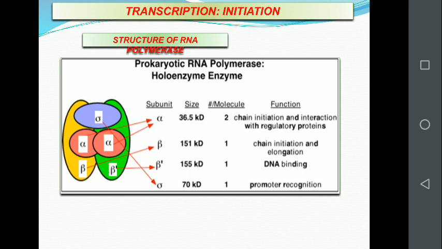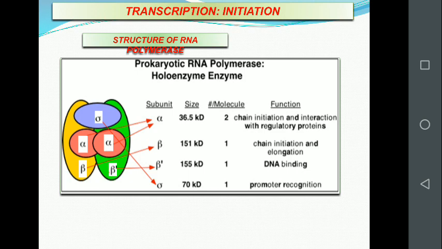Here we have to discuss the structure of RNA polymerase. The RNA polymerase has four different types of subunits. It is a multimeric enzyme. Four different types of subunits, but five subunits are there because it has two alpha subunits.